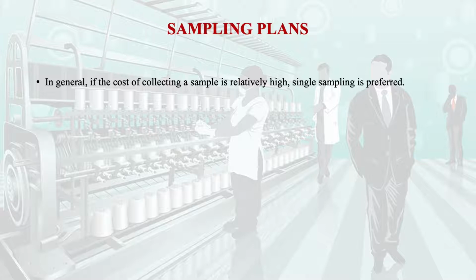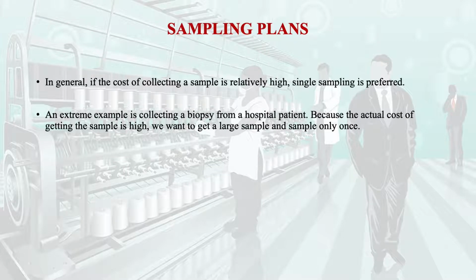In general, if the cost of collecting a sample is relatively high, then we will prefer a single sampling plan. An extreme example is collecting a biopsy from a hospital patient, because the actual cost of getting the sample is very high. We want to get a large sample and sample only once.